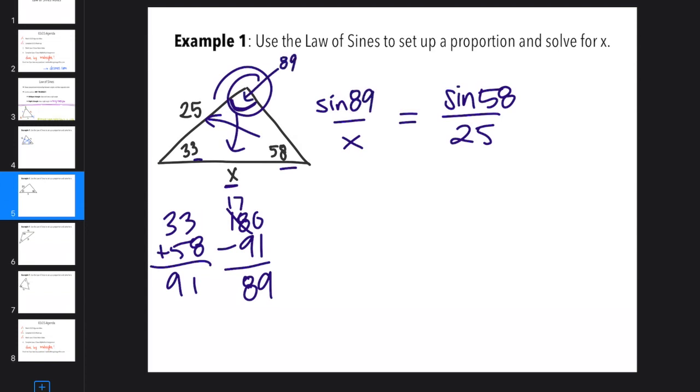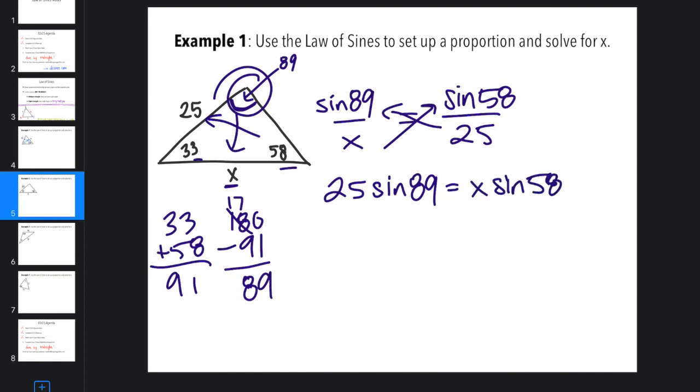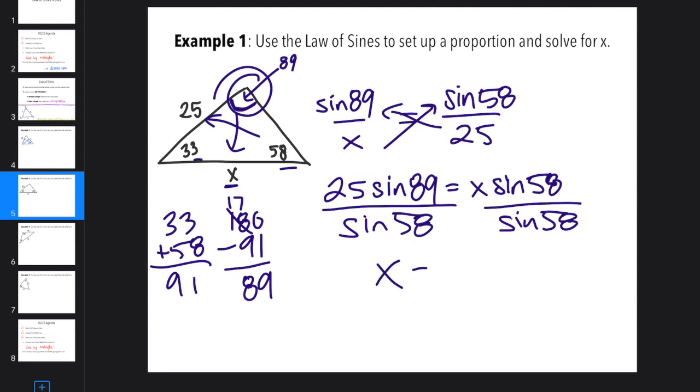So I'm going to take sine of 89 over x equal to sine of 58 over 25. I'm going to cross multiply. So 25 sine of 89 equal to x sine of 58. I'm going to divide by sine of 58 and solve for x.